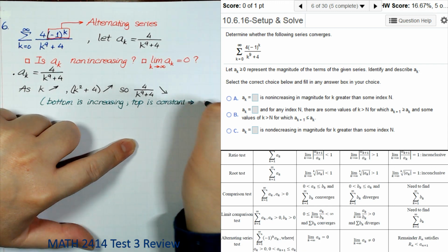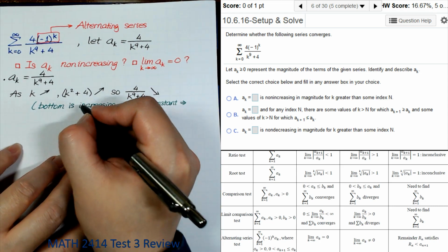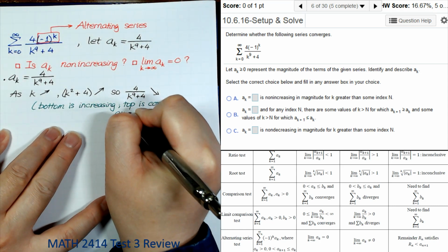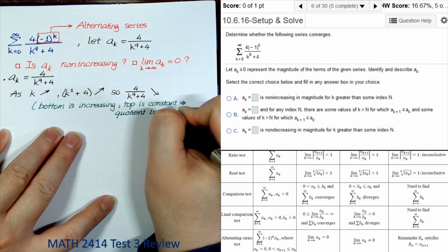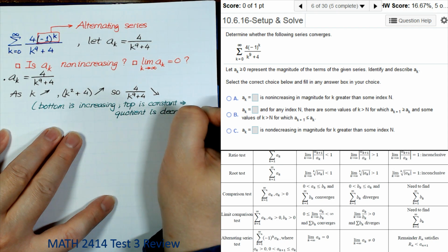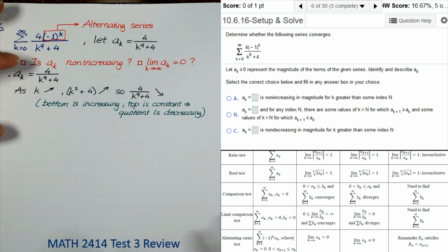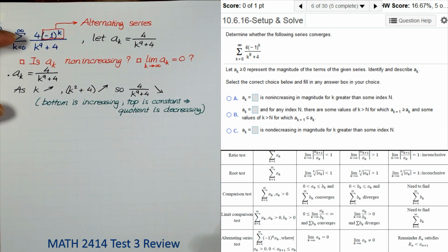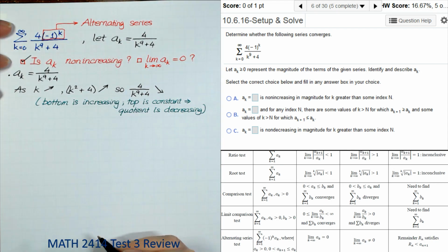And this of course gives us that the quotient is decreasing. We have a finite number, but we keep dividing by a bigger and bigger number, so the quotient is getting smaller and smaller. So yes, if it is decreasing, then it is non-increasing. So that's good.